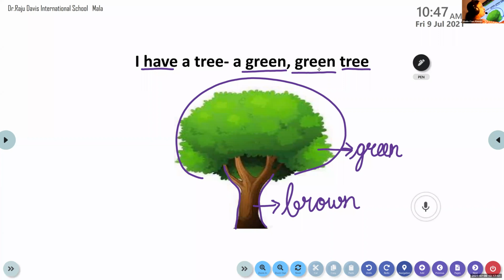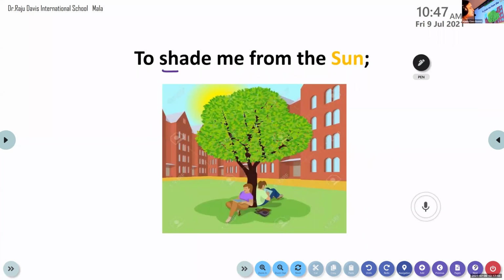Thank you. Rituparna, please read the next sentence. Two. Shade.